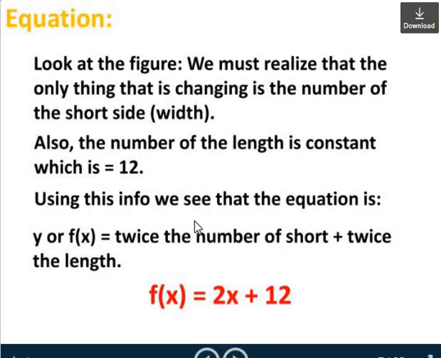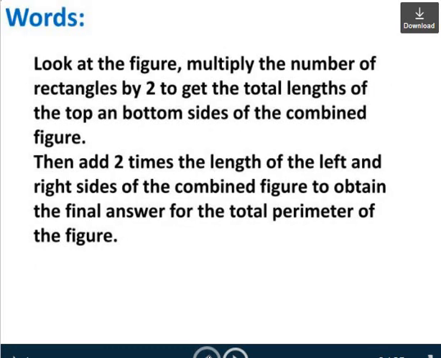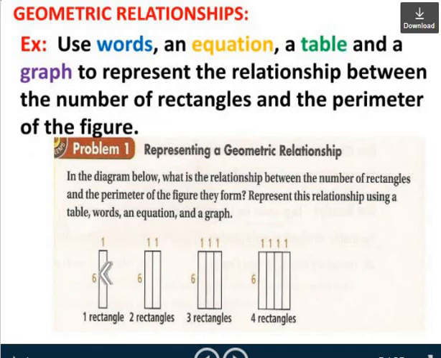First of all, I will use the equation. If you look at the figure, you must realize that the only thing that is changing is the number of the short side, the width. Now let's go back and look at the figure. Actually 6 is constant, because 6 and another 6 on the other side, so 12 is constant.